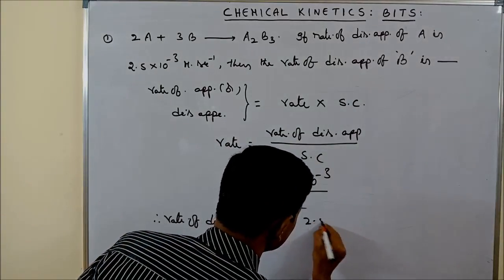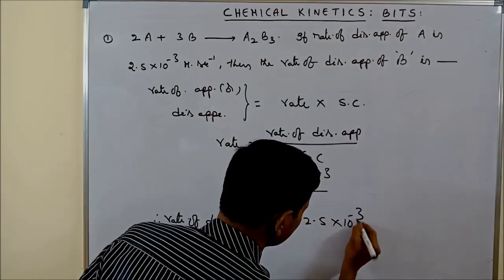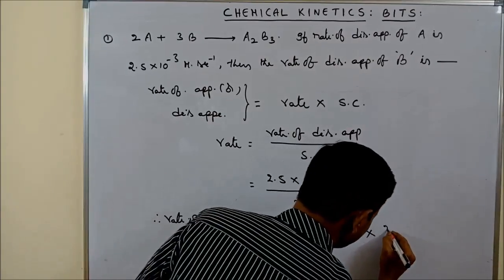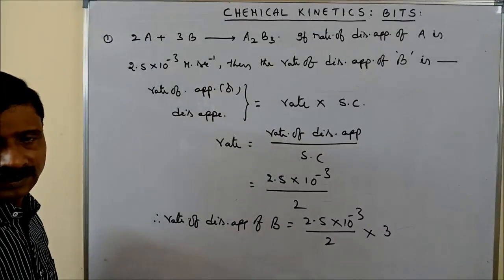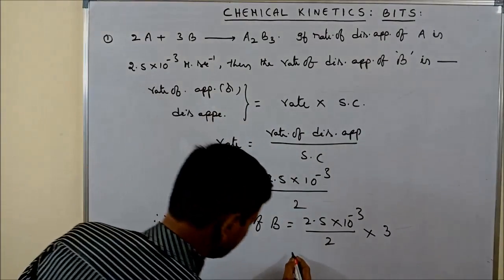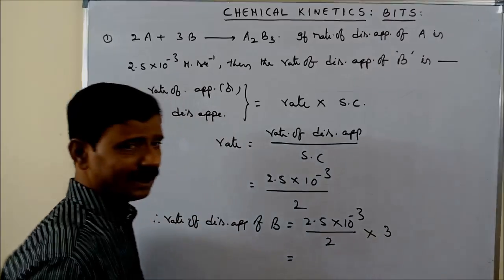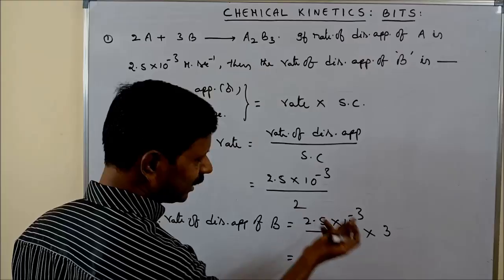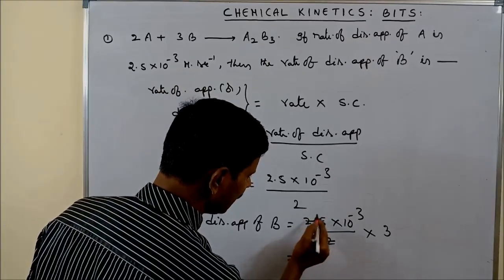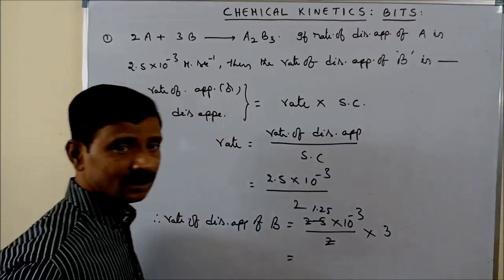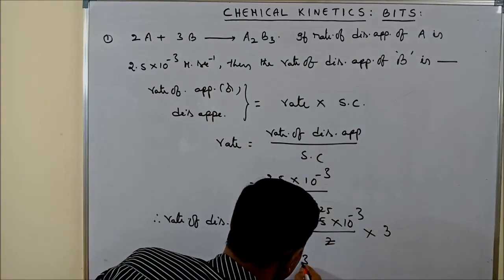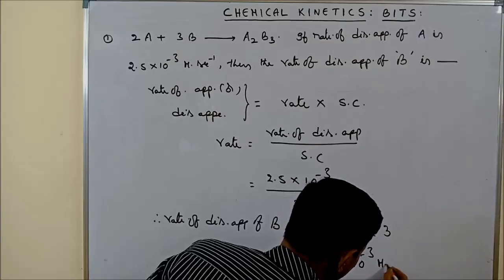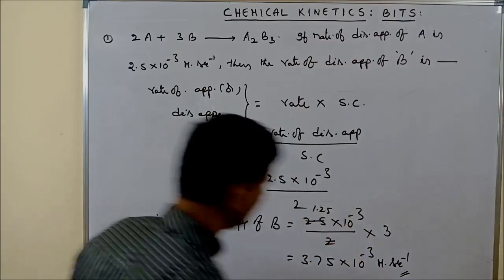That means 2.5 into 10 power minus 3 by 2, this is the rate, into its stoichiometric coefficient, 3. Here 2.5 by 2 is 1.25, into 3, that is 3.75 into 10 power minus 3 mole per liter per second.